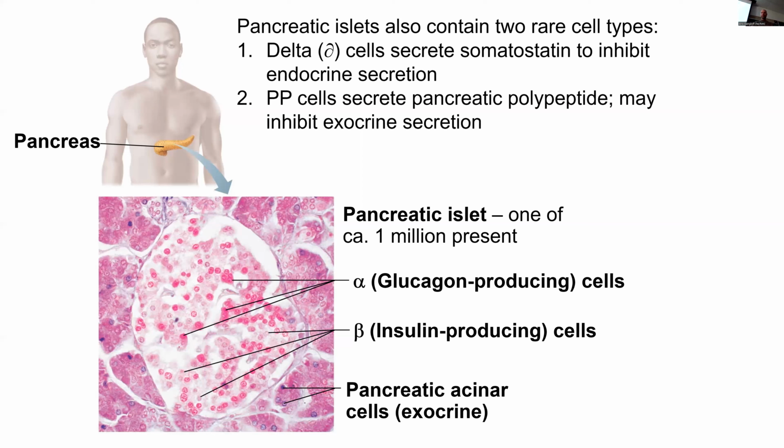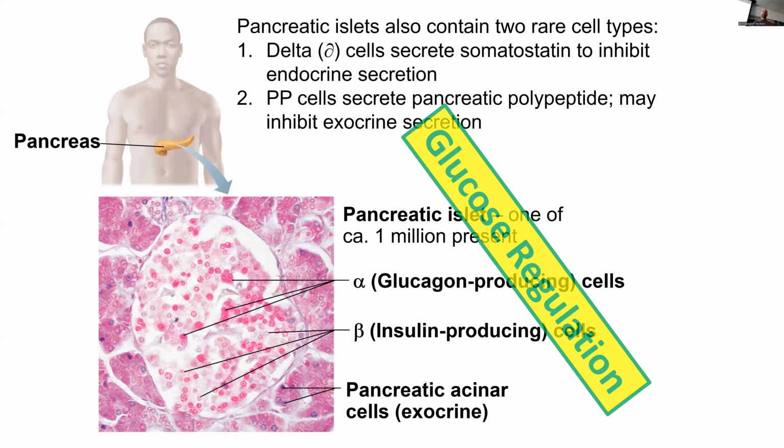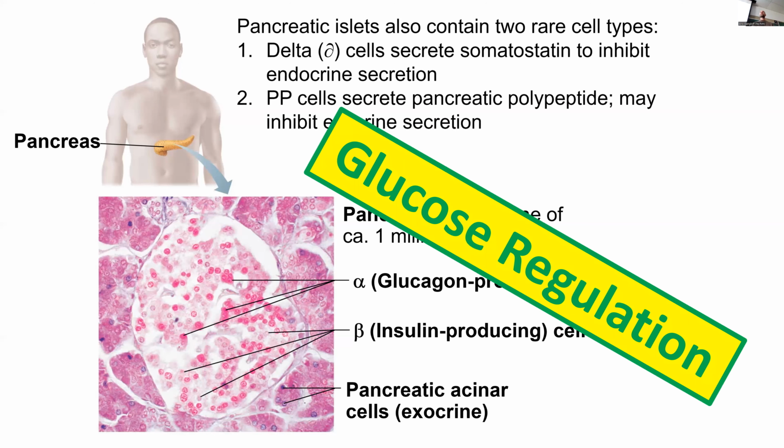Go ahead, Dan. So, in terms of the alpha and beta cells, like you were saying about type 2 and type 1 diabetes. Well, type 1 diabetes is caused by the destruction of these beta cells.